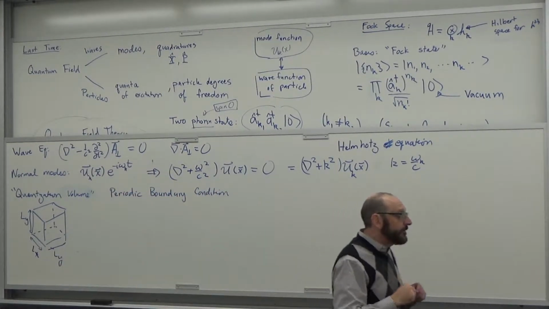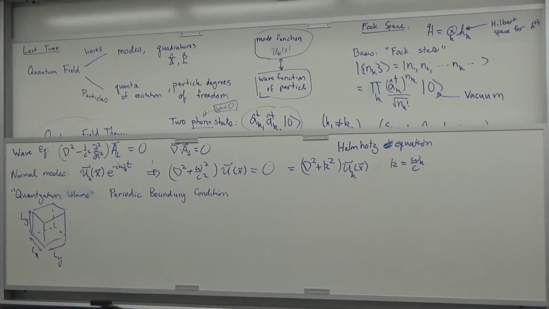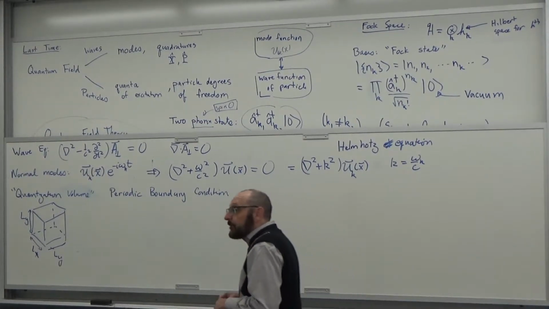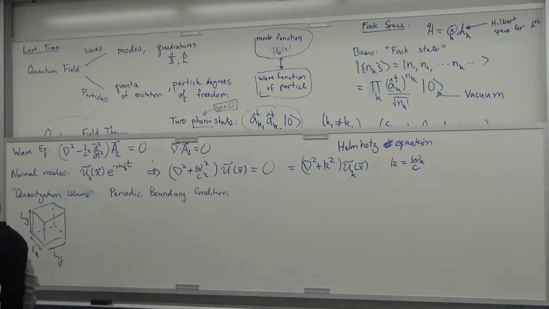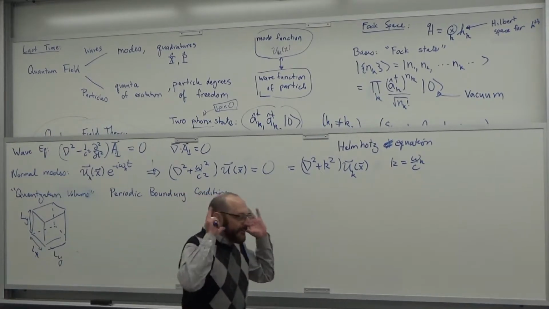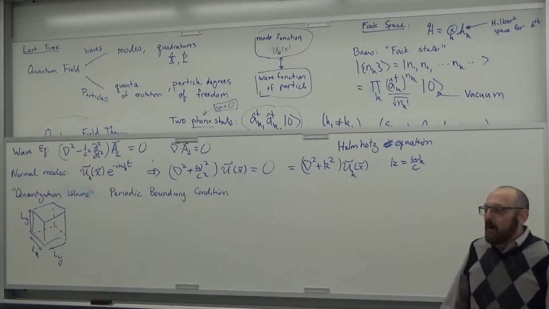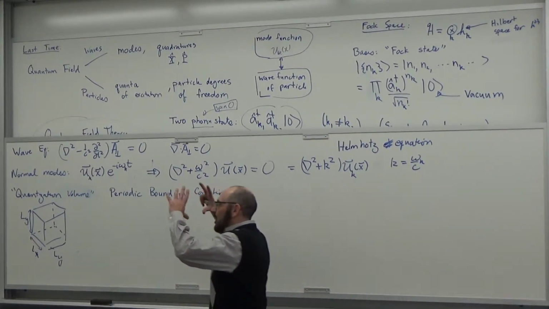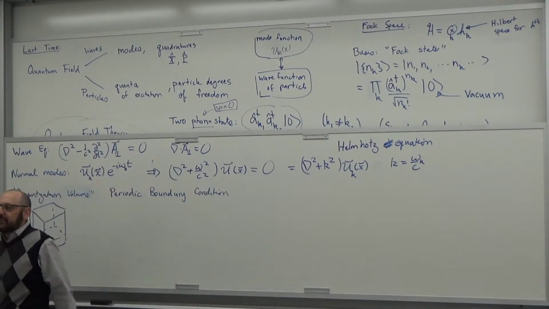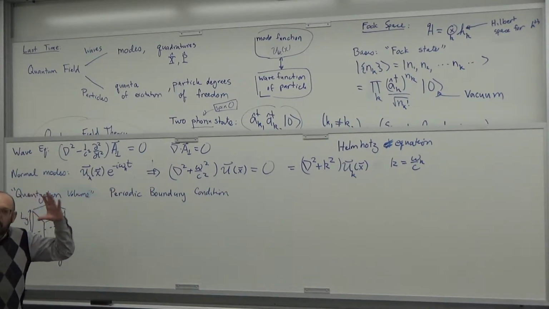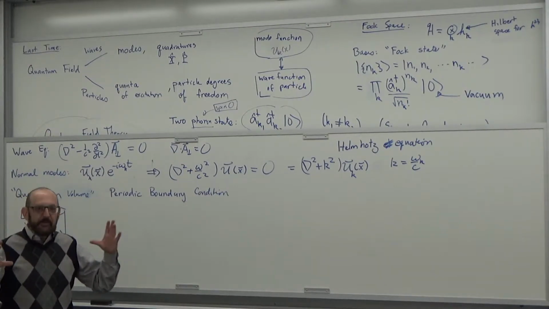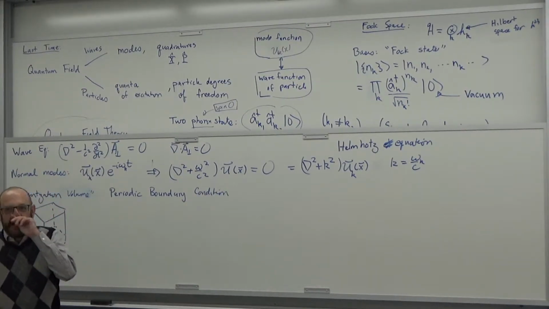Now, just as an aside, as we will get to maybe today, if not Wednesday, sometimes this is a real, honest-to-God volume. I might have a microwave cavity that looks like that, with reflecting walls. Or I might have a Fabry-Perot cavity for optics, which has mirrors, in which case the boundary conditions would be the hard wall boundary conditions.